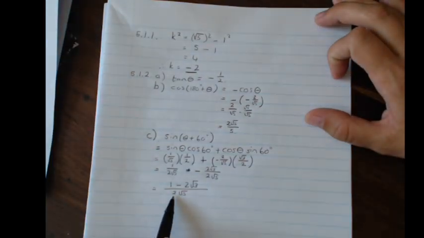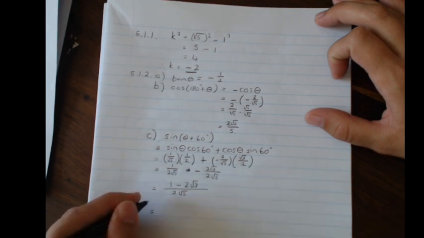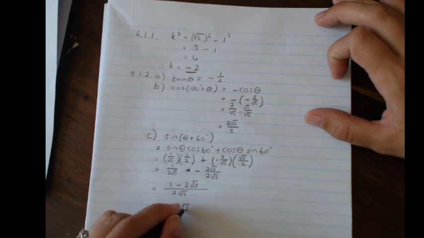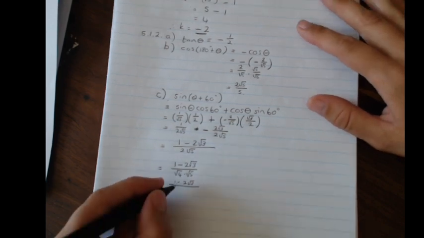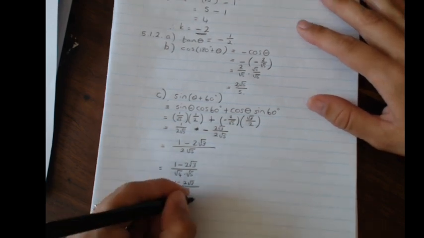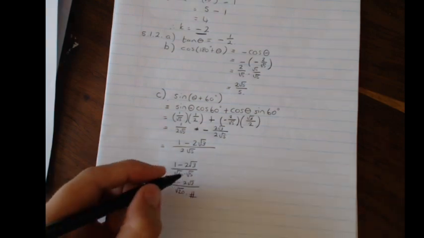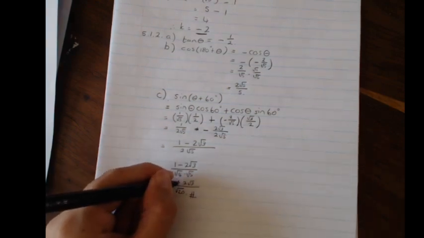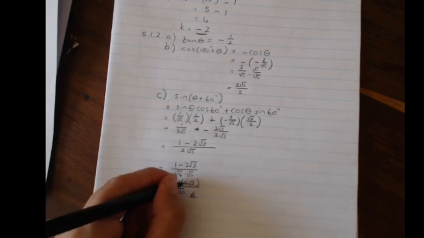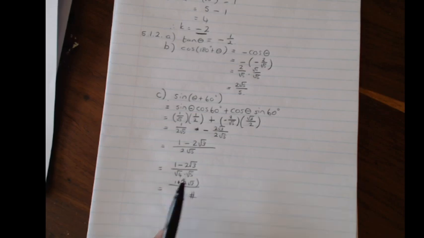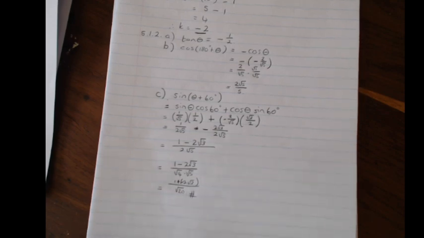To get this to root 20, you can rewrite 2 as root 4, so that is 1 minus 2 root 3 over root 4 times root 5, and root 4 multiplied by root 5 is going to be root 20. So that's how they want it. Technically speaking, if you want to be very strict on yourself, you can also write it as a plus b, but I suppose the 1 minus 2 root 3 is fine as well.